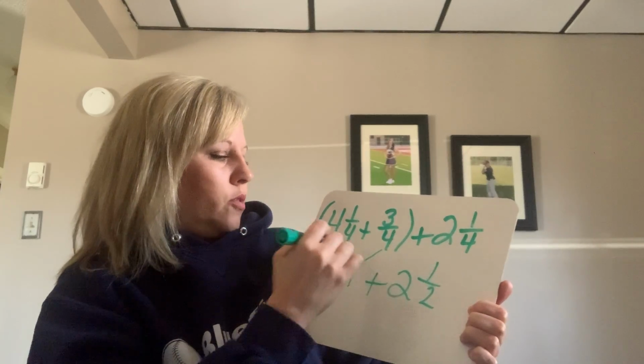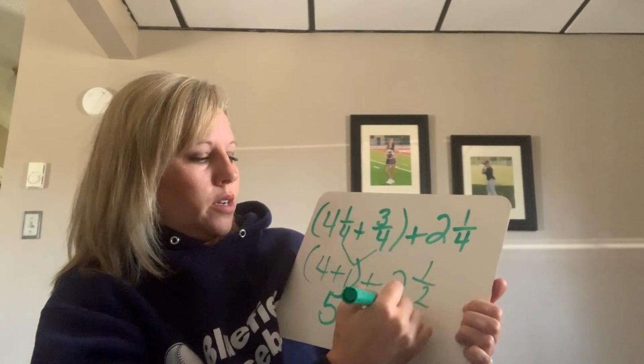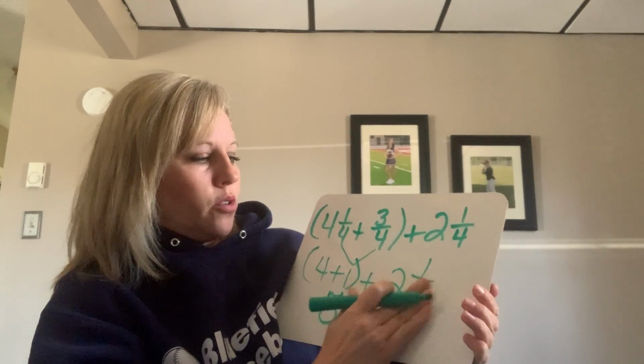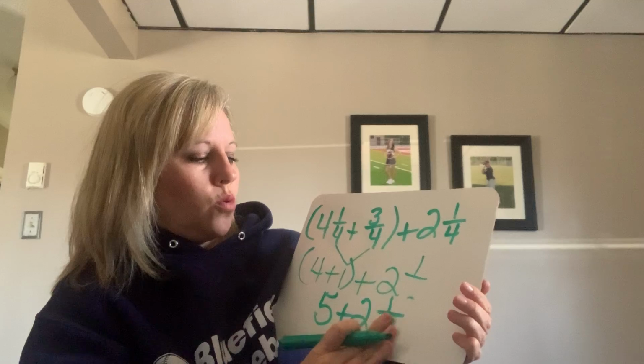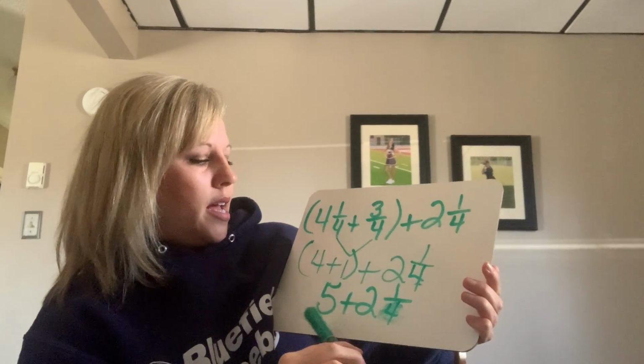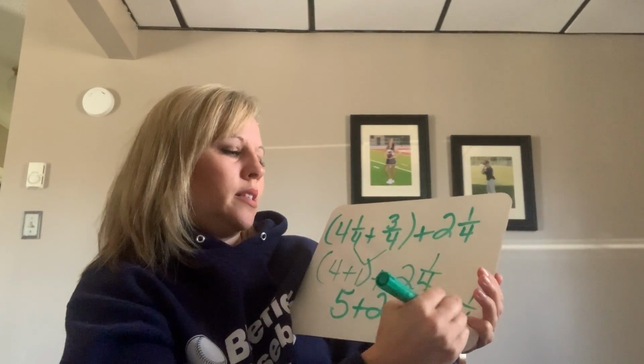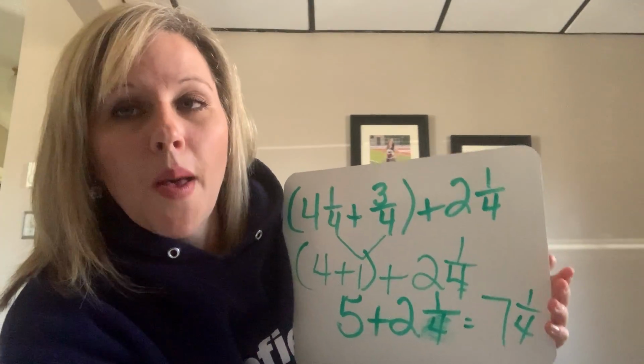Okay, so you see that 4 plus 1 is 5, then plus 2 1/4. Okay, and 5 plus 2 gives me 7, and the 1/4 stays the same, so 7 1/4 bags for number 8.